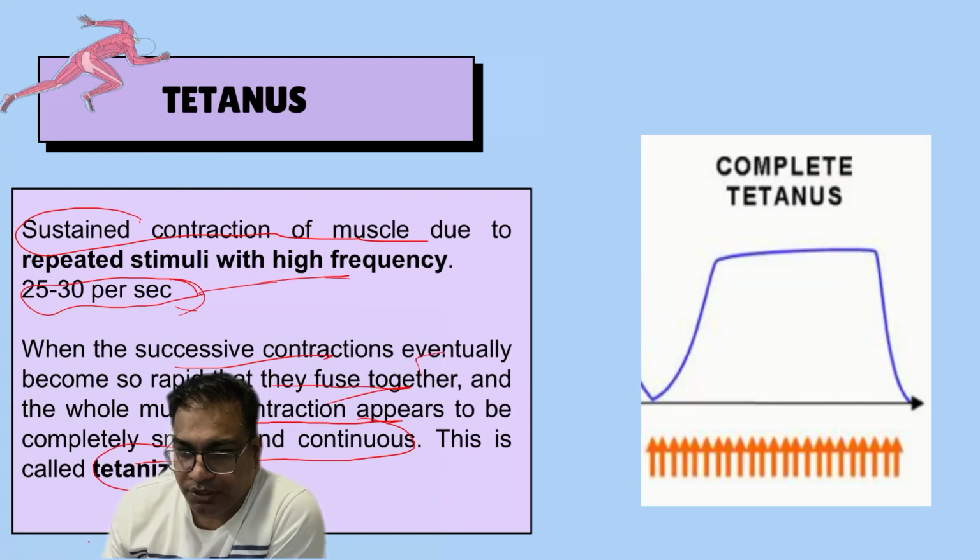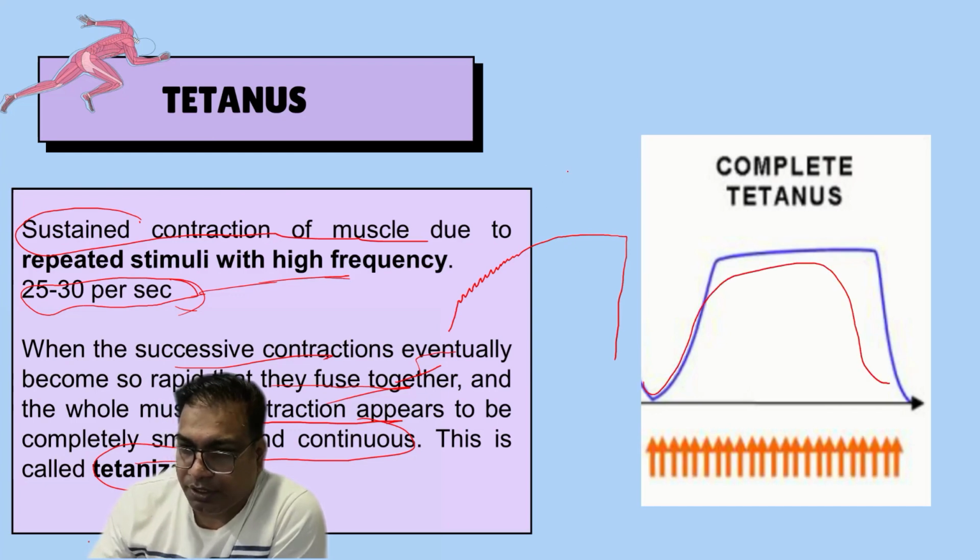If I draw a graph, because the frequency of contraction is so high, we achieve a graph which appears as a smooth line. This smooth line we call complete tetanus.